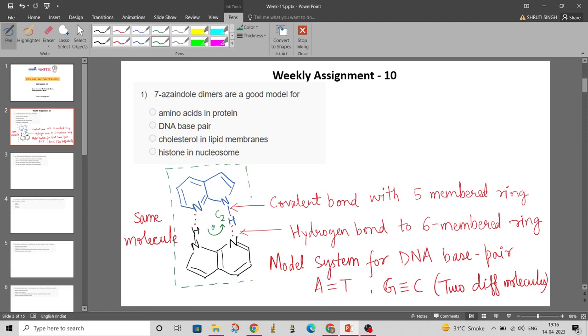So this is a sigma plane which is perpendicular to the C2 axis, so it is a sigma h plane. So this molecule has a C2 axis plus sigma h. So it has C2h symmetry.